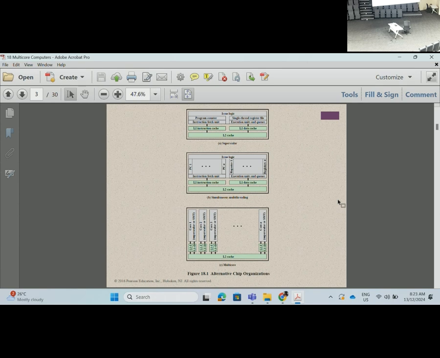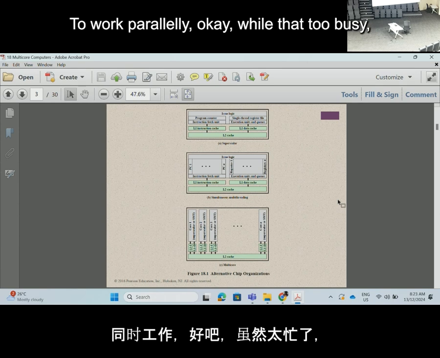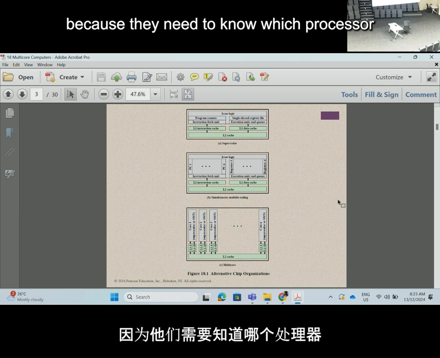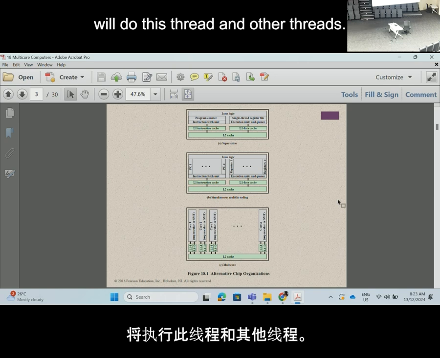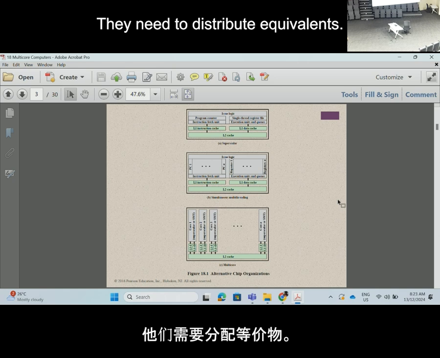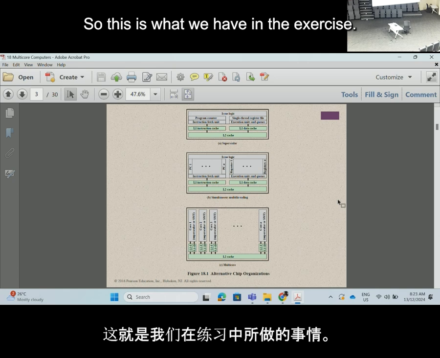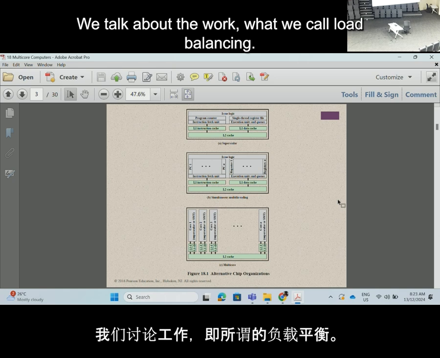What happens? To work in parallel, while they are busy, they need to share the resources because they need to know which processor will do this thread, and the other threads, they need to distribute equivalently. So this is what we have in the exercise. We talk about what we call load balancing.